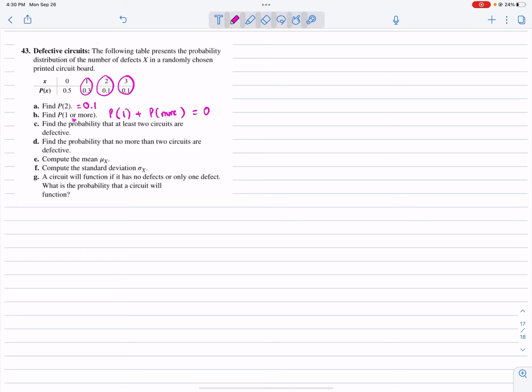The probability of 1 is 0.3. The probability of more, that means 2 and 3, is 0.1 and 0.1. So we got the answer 0.5.